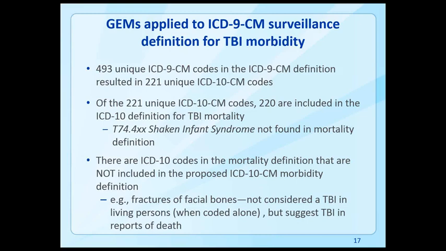And using the GEMs, that resulted in 221 unique ICD-10-CM codes. Of these 221 unique codes, 220 of them are included in the ICD-10 definition for mortality. So that's the ICD-10, not the ICD-10-CM. And that one code is T74.4, shaken infant syndrome, which is not found in the mortality definition.